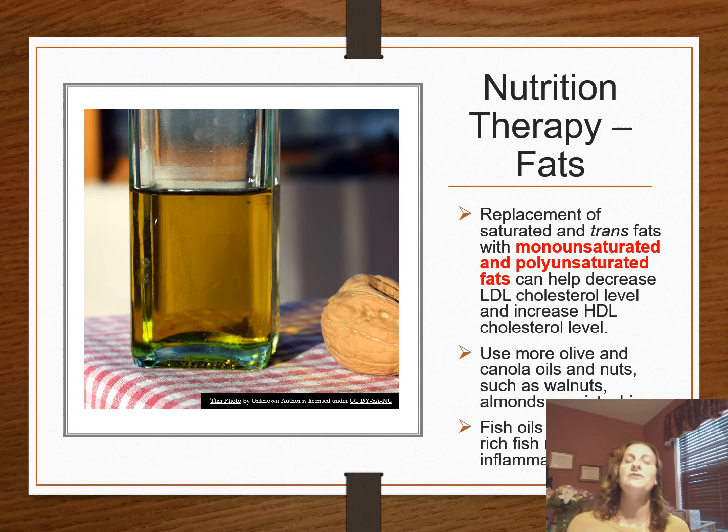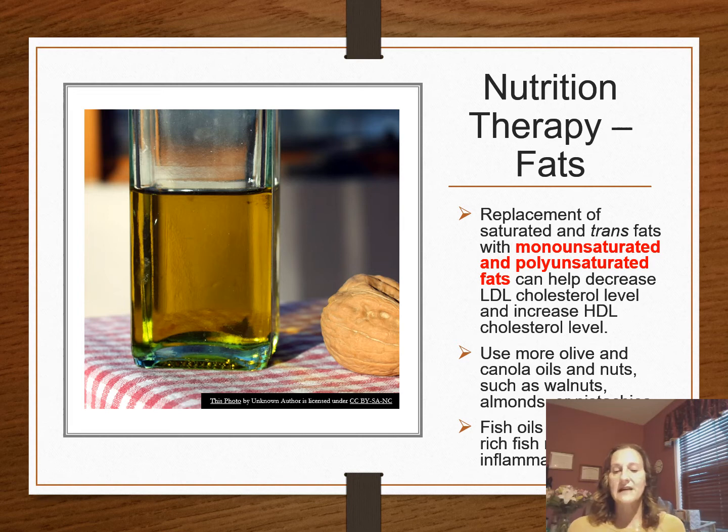As a review with dietary fats, the American Heart Association recommends replacing saturated fats with monounsaturated and polyunsaturated fats. That is going to directly decrease the LDL cholesterol level and help to increase the HDL cholesterol levels.